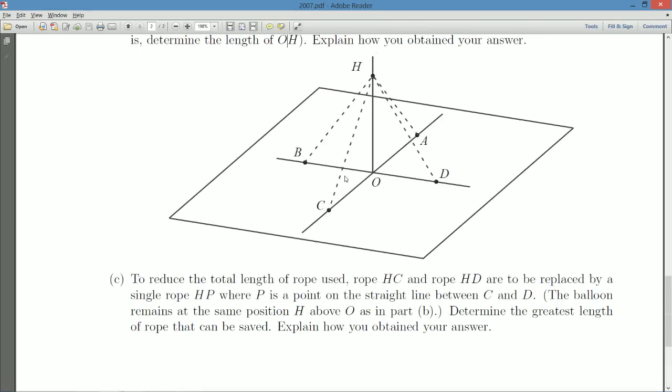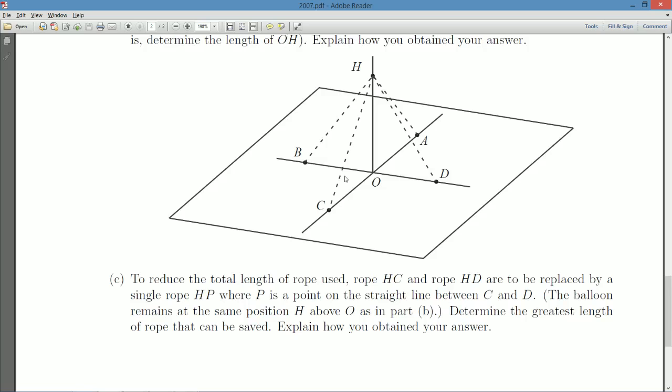So let's hope it's a good question. To reduce the total length of rope used, rope HC and rope HD are to be replaced by a single rope, HP, where P is a point on a straight line between C and D. The balloon remains at the same position H above O as in part B. Determine the greatest length of rope that can be saved.